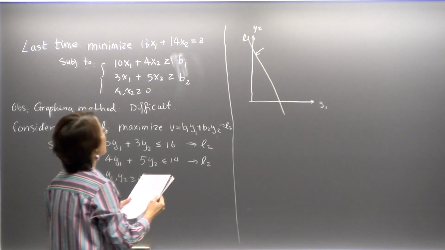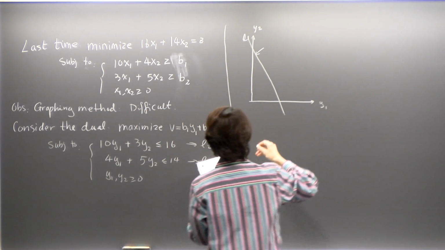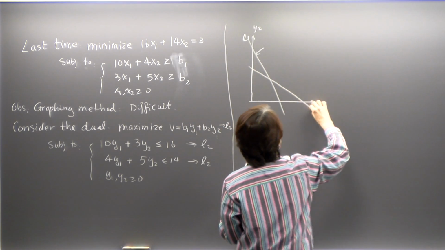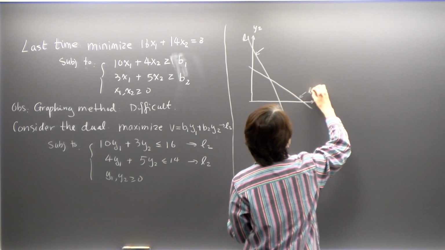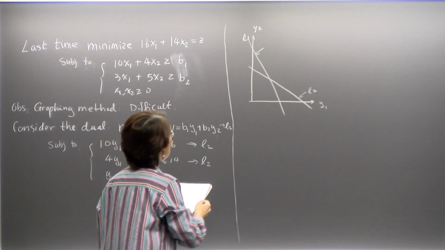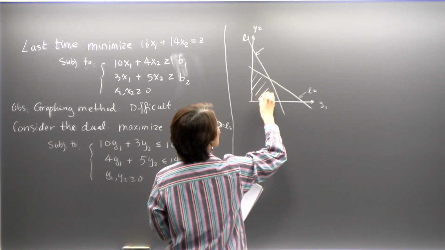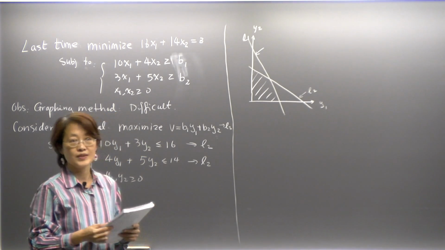Let's still do it. So this is L1, and then I have an L2. Okay, not drawn to proportion. So this is coming from the second constraint, okay? And then it's below, so my feasible region will be this quadrilateral. Is that right?